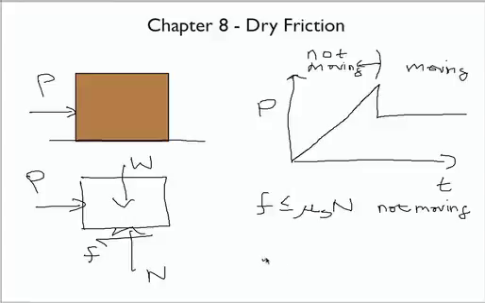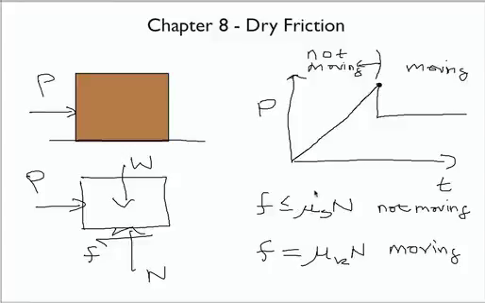And then when it's moving, the friction force is equal to a kinetic coefficient of friction times N. Note, the static law is an inequality. So the equality of mu s times N holds only at this point, right before the block slips and starts moving. So the equality only holds at one point on this entire line.